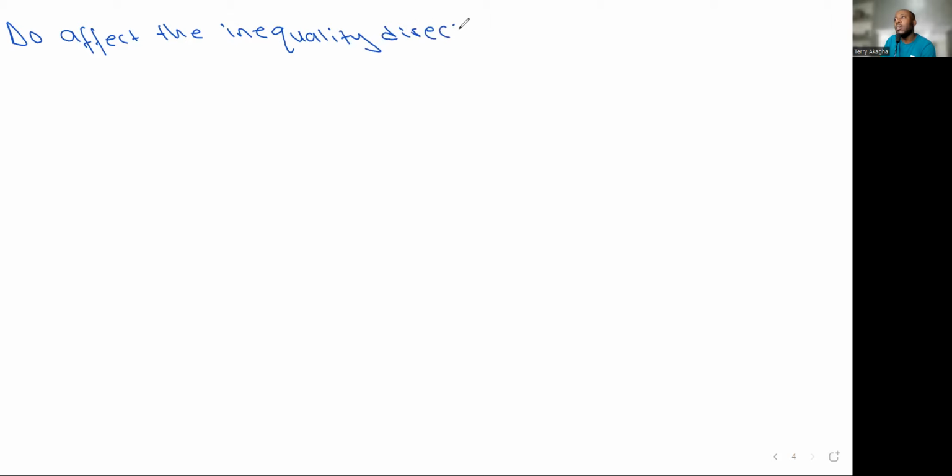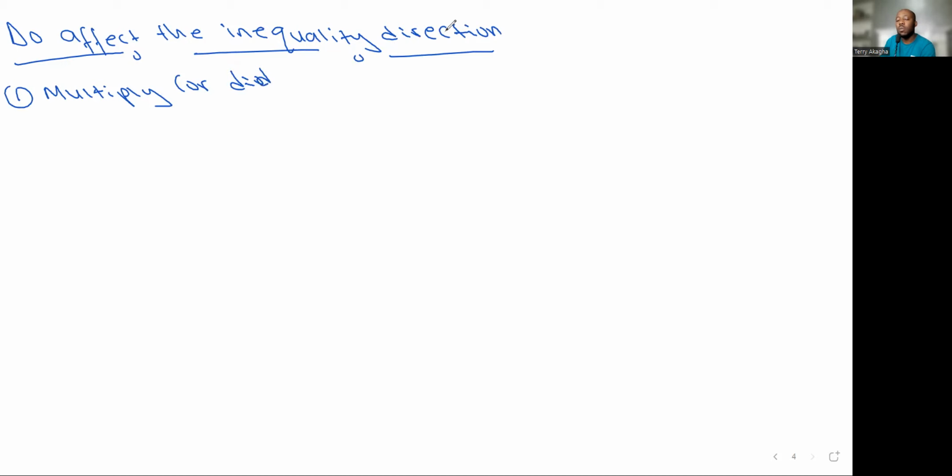Okay? So things that do affect the inequality direction. All right, let's see. The first one is when you multiply or divide both sides by a negative number.